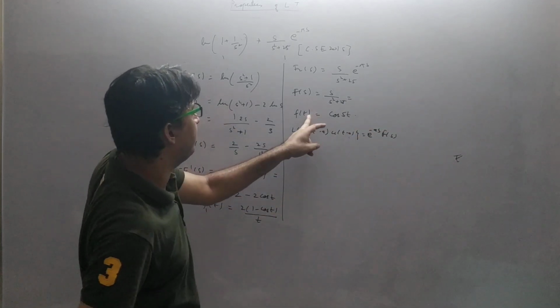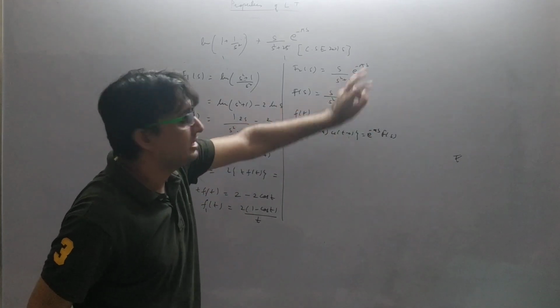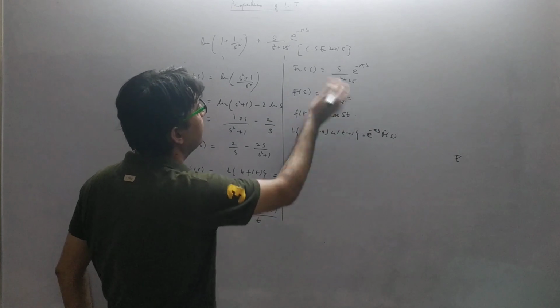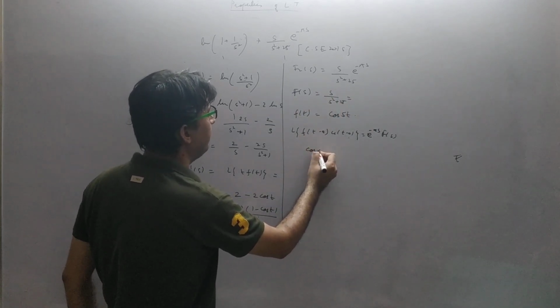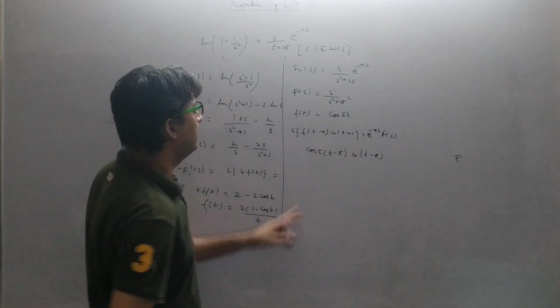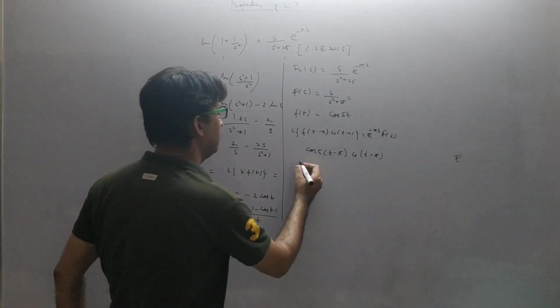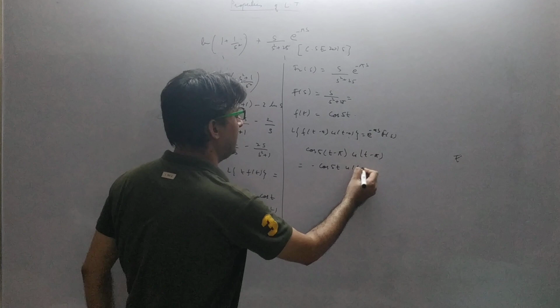So we have the F(s), we have the f(t). Here a is pi. So what we will get finally at this inverse is cos of 5(t minus pi) u(t minus pi), because we are using this property.